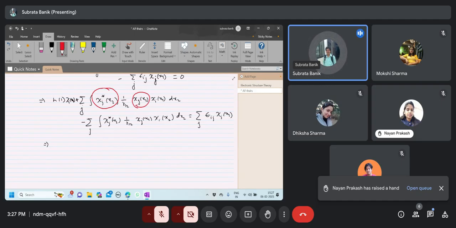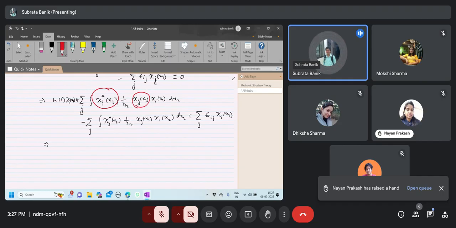It means the probability of finding electron 2 in the chi j orbital. If I multiply this term again by chi I of x1 star, I get two probabilities, one at x1, one at x2. They are repelling by 1 upon Rij. So this term is called the Coulomb term.